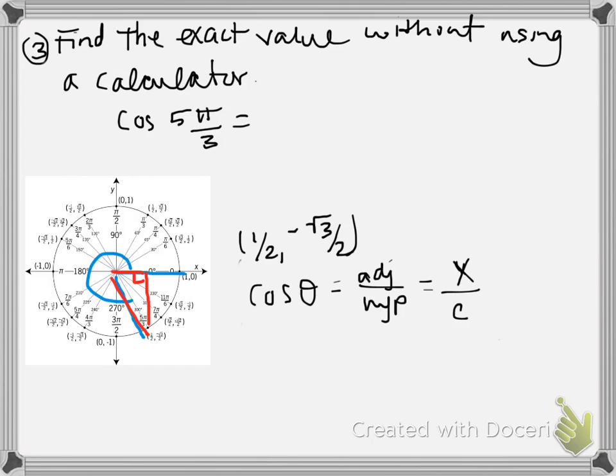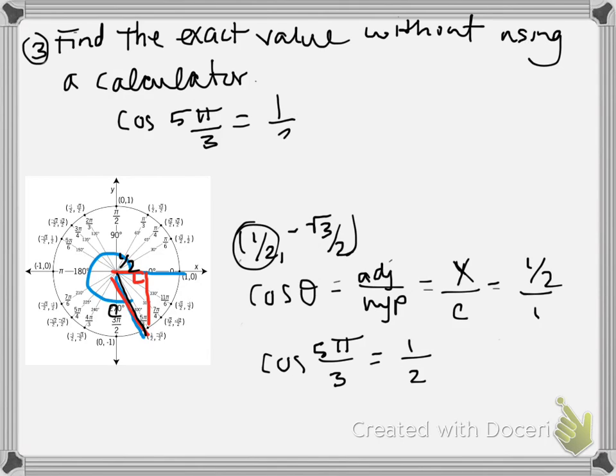C on the unit circle is always 1, because you can see here that the radius of my circle is just 1. In this case, my x value, or my adjacent side, is going to be 1/2. So I can also just look right here, 1/2. So that tells me cosine of 5 pi over 3 is 1/2. There we go.